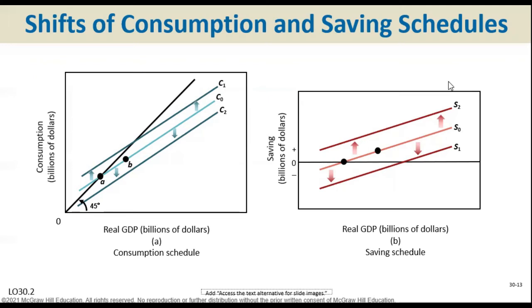That is the inverse direction. And when the consumption shifts up from C0 to C1, the corresponding saving schedule shifts down from S0 to S1.